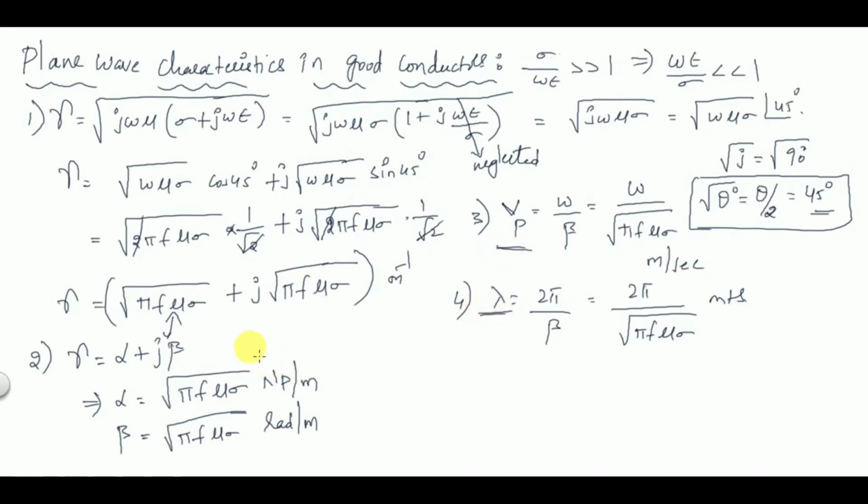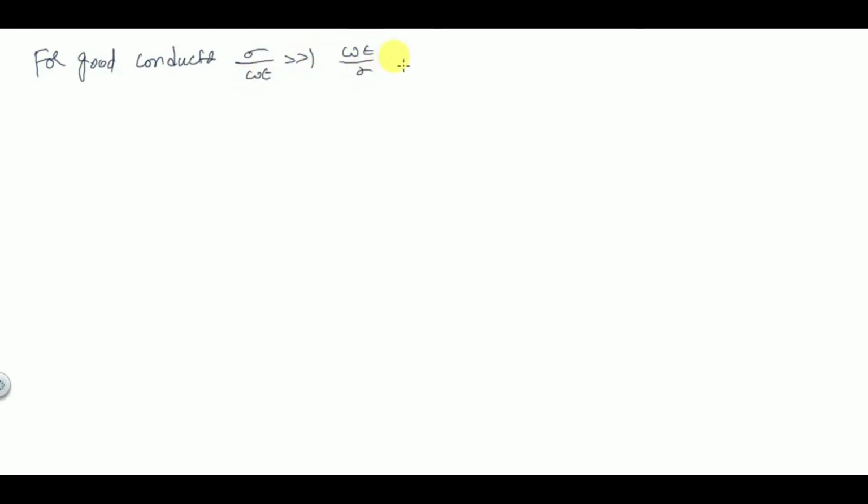Let me take one more slide. I'll find the value of the intrinsic impedance. For a good conductor, sigma by omega epsilon is very much greater than 1, and similarly omega epsilon by sigma is very much less than 1.